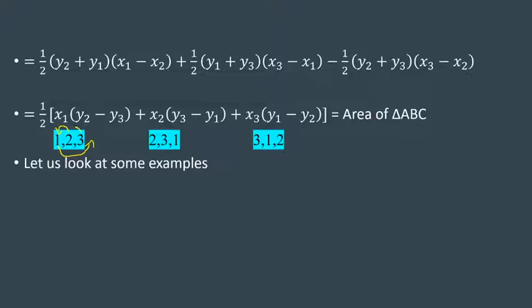Then you get 2 3 1. So it's following a cycle. Similarly, if you repeat one more time, you get 3 1 2. And if you repeat one more time, again you get 1 2 3. But we already have this term, so this will be our ending of the cycle. So if you go 2 3 1, you get x2 into y3 minus y1, and if you go 3 1 2, you get x3 into y1 minus y2. So this is an easier way to remember the area of a triangle formula.